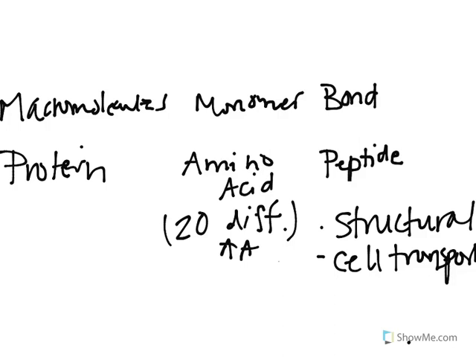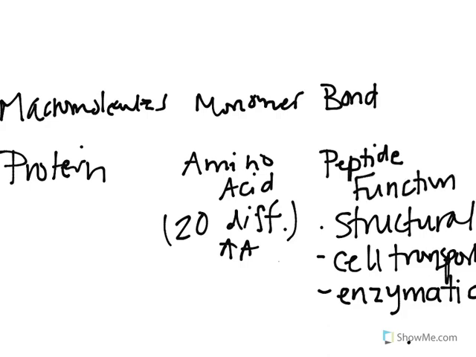So there's structural, there's cell transport, there are enzymatic, and enzymes tend to play important roles in chemical reactions. They catalyze chemical reactions. So there are all of these different functions for proteins.